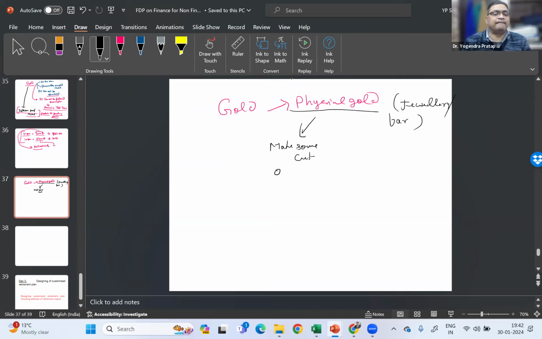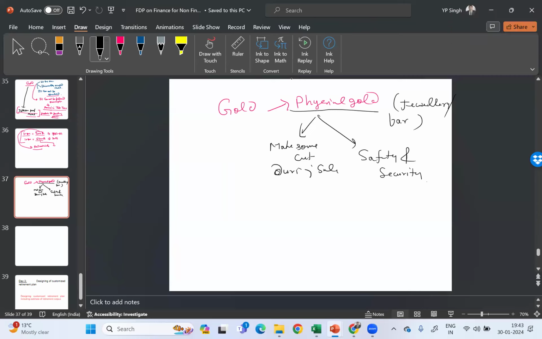During the sale. Second problem is safety and security. So having physical gold has two major issues. When you go for selling, the goldsmith will make some cut.